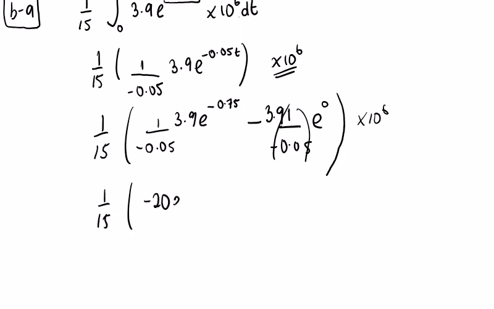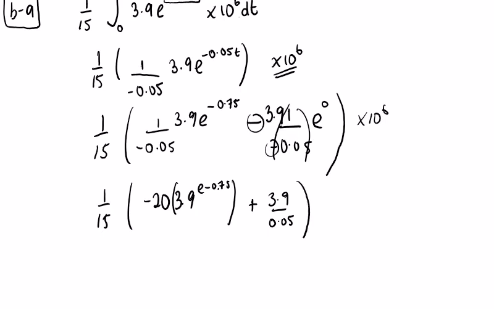So minus 20 times 3.9 e to the power of minus 0.75, and then it's going to be plus e to the power 0, which is equal to 1. So it's just the two minuses, this one and this one, 3.9 over 0.05.